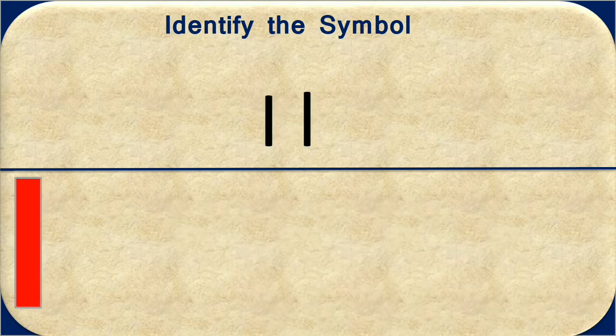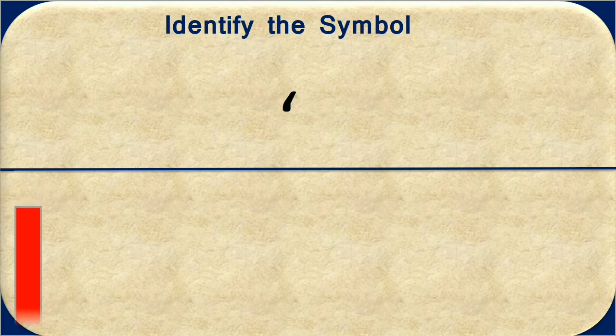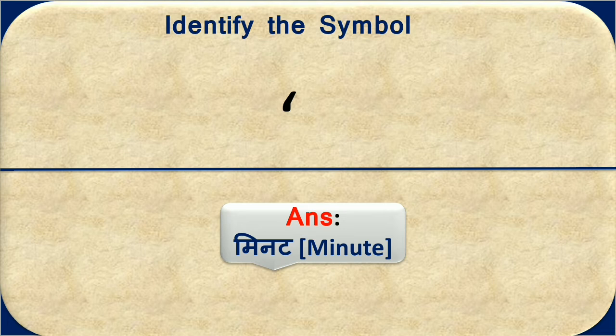Identify this symbol. This symbol is of. Please note these two lines are not equal in length. This is modulus sign. In Hindi we call it as mapank. Identify this symbol. This is of minute.